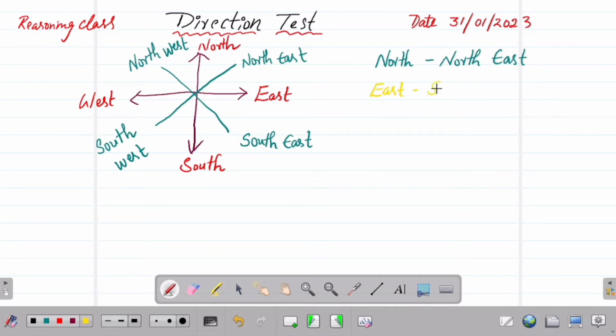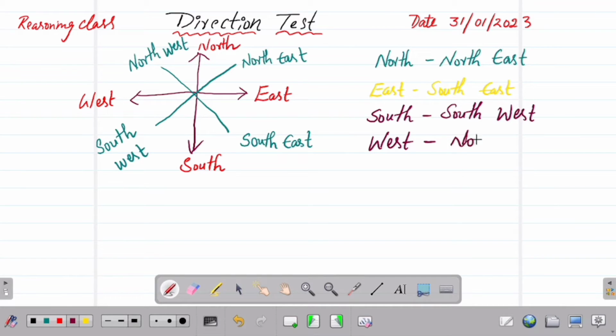Next, south and southwest. Then after west, that is west and northwest. Am I clear? So these are the total 8 directions.